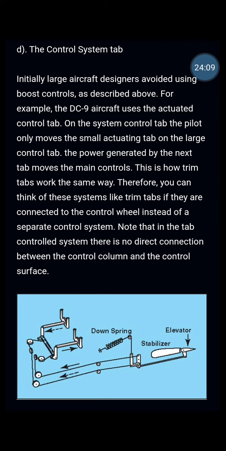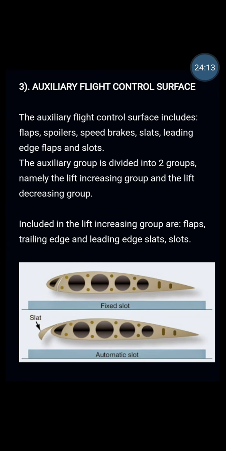Downspring, stabilizer, elevator. 3. Auxiliary flight control surfaces. The auxiliary flight control surfaces include flaps, spoilers, speed brakes, slats, leading edge flaps, and slots.